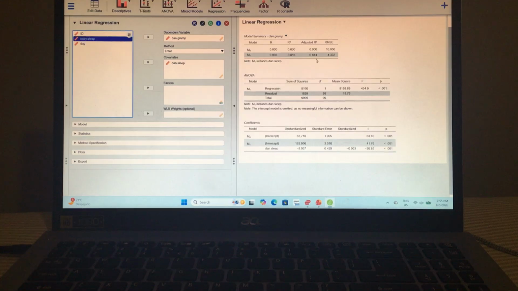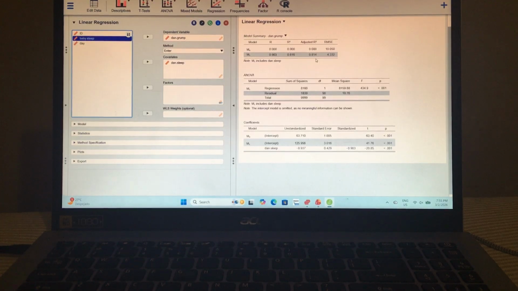This next part is our ANOVA table. The second table is labeled ANOVA, which stands for analysis of variance. We'll see more of these later in the book.